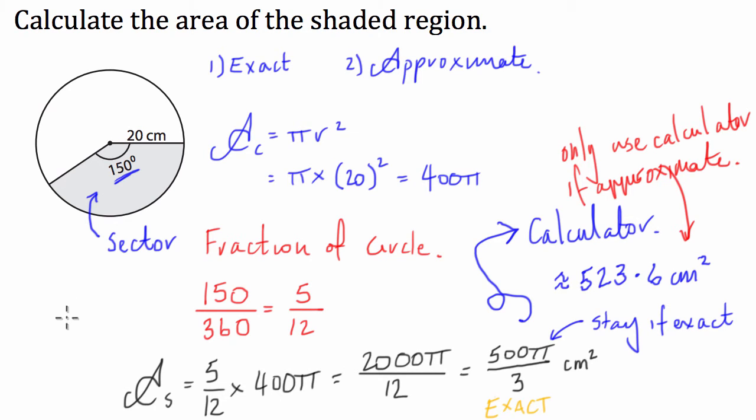If you're looking for the exact value, you simplify, make it in terms of pi, and then that's it. If you need the approximate area, you can just get this number here, multiply it by this number here in your calculator, and it'll bang out a number that looks similar to this one here.